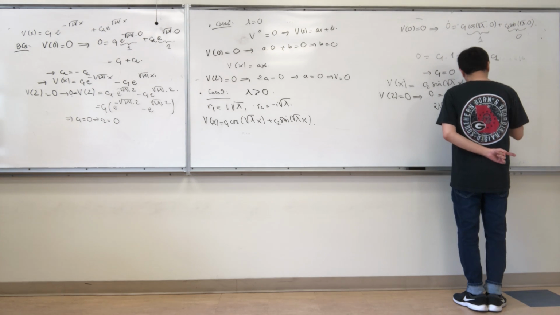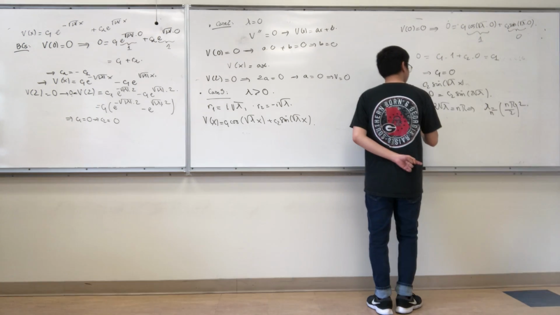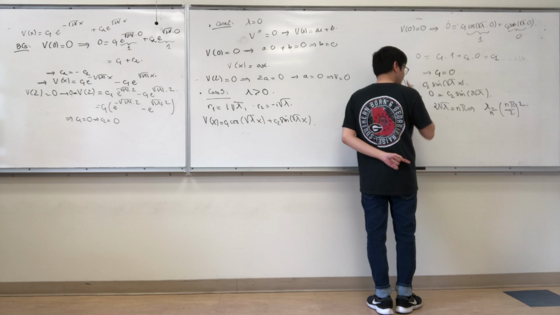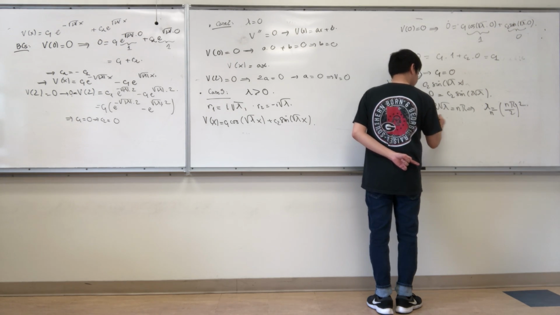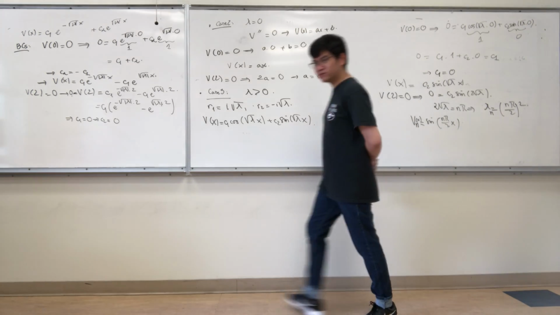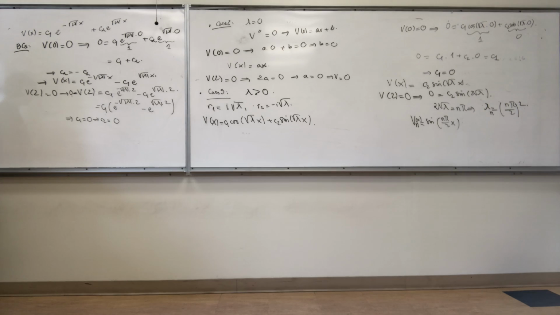So lambda n will be n pi over 2 squared, and then you're going to have v n is sinus of n pi over 2 x. Right? This is what you obtain after solving step 2.